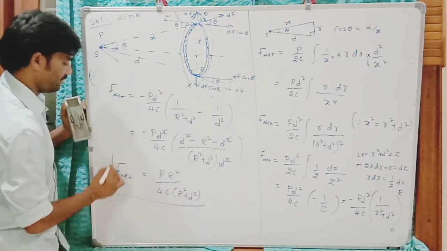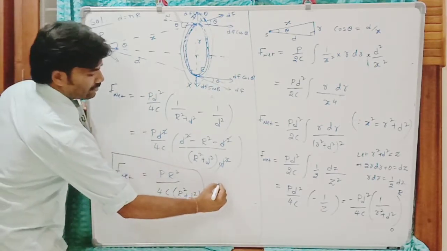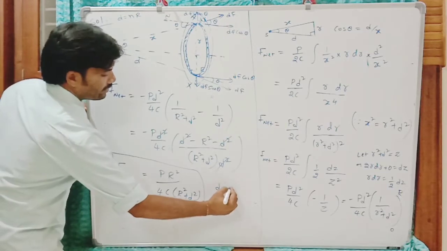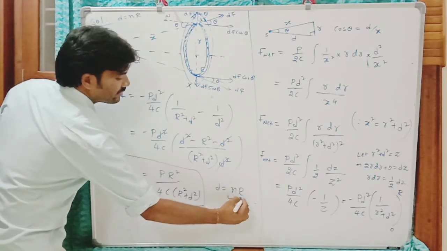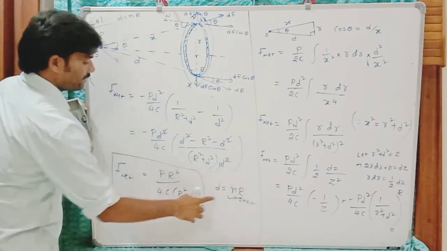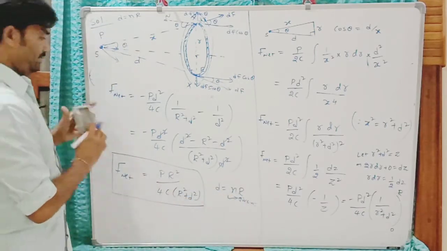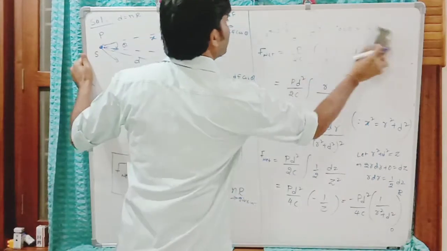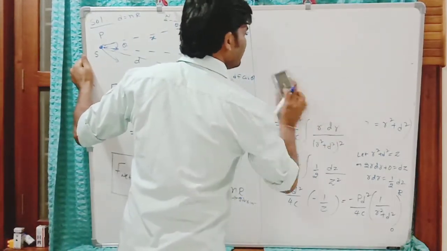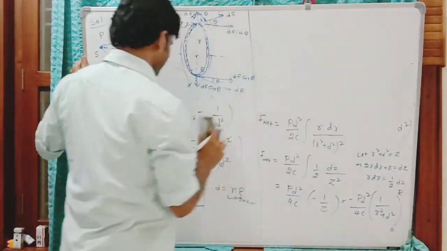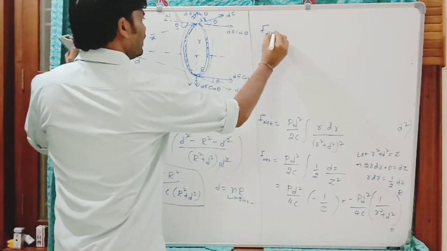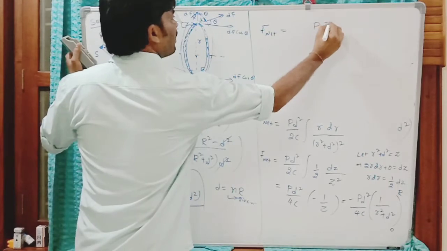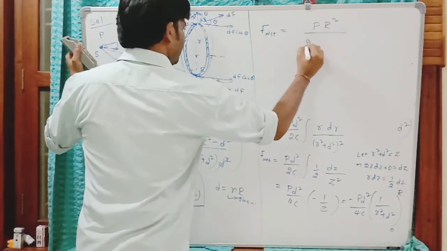This is the equation, but the given value of d is equal to nR. This is given. Substitute this here. Then the net force acting on the disk due to the radiation coming from the point source located at a distance nR is P R square by 4c.